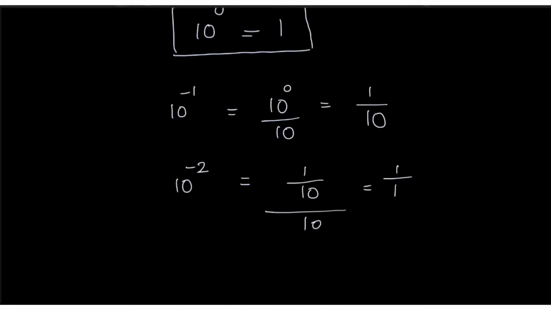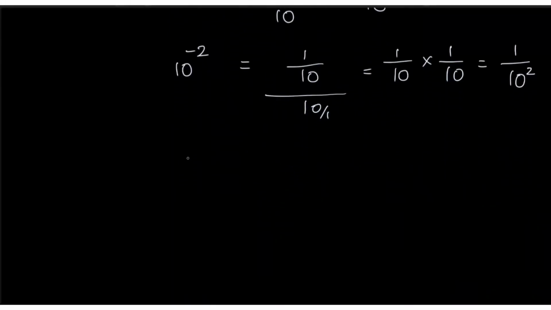It is equal to 1 by 10 into 1 by 10, since dividing is multiplying with the reciprocal. So it is equal to 1 by 10 squared. From this it is proved that a number x raised to negative n is nothing but 1 by x raised to n. This is another proof.